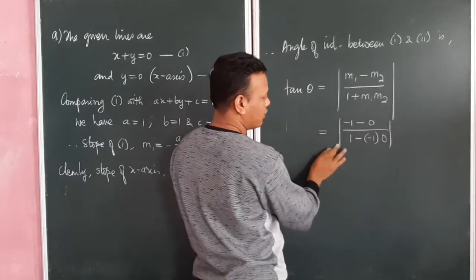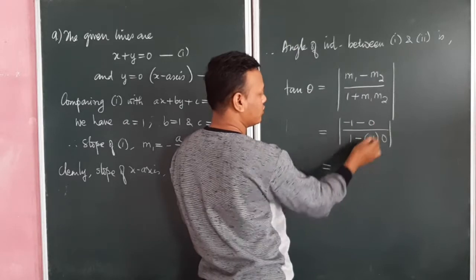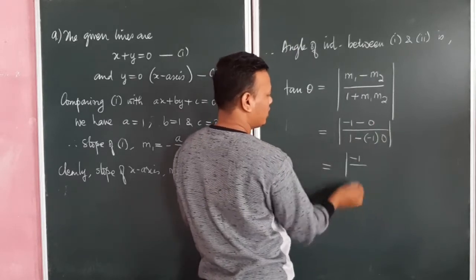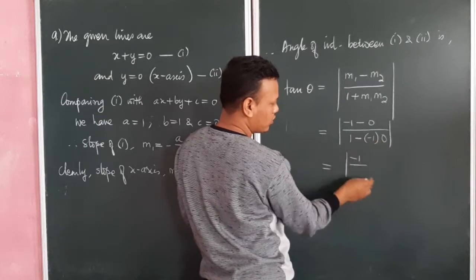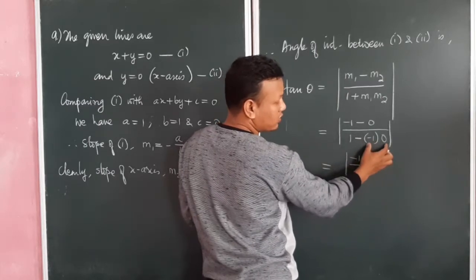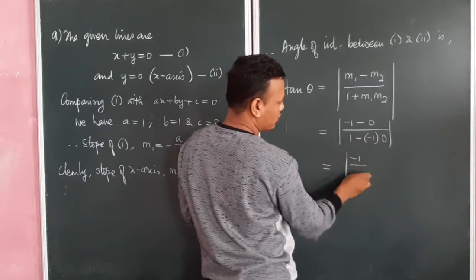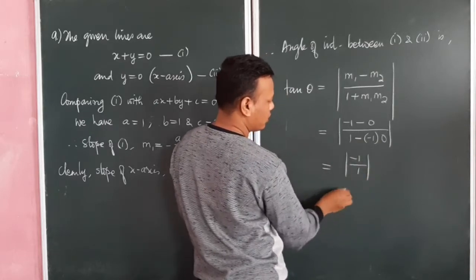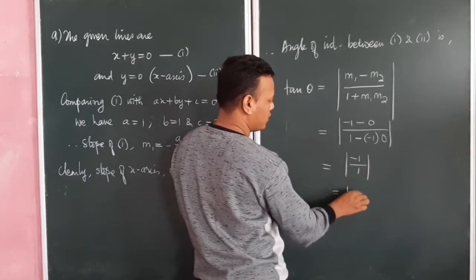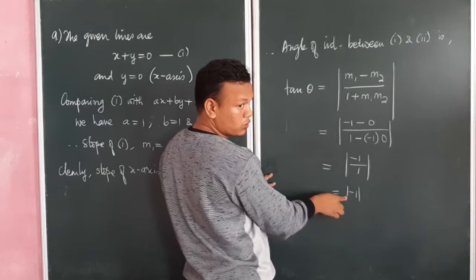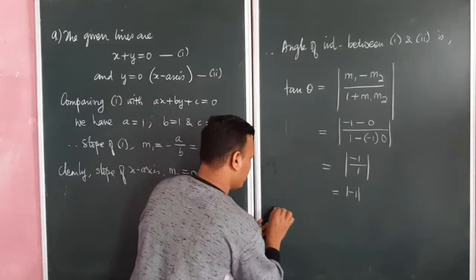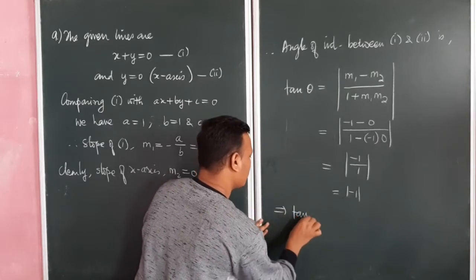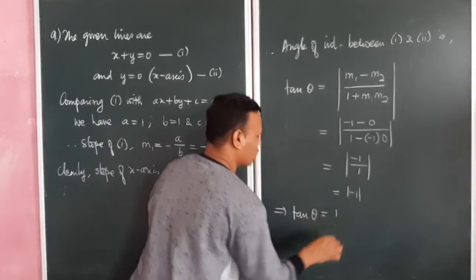Let us evaluate this. Minus 1 minus 0 is minus 1, divided by 1. Anything into 0 is 0, so this whole thing is 0, and 1 plus 0 is 1. So minus 1 by 1 is minus 1, and the modulus means we have to get rid of the sign. So we get tan theta equals 1 only.